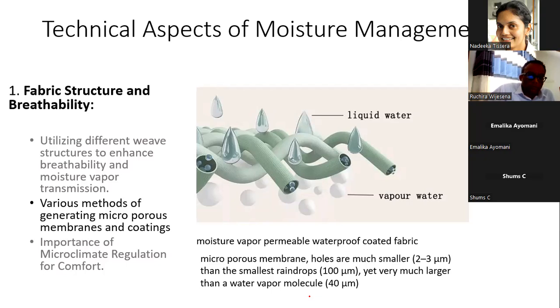So Hikey is one of them, and also Nike and Adidas. I think they refer to some of these technologies like Cool Max, Climate. If you take a report in the industry, they do have access to these different reports. There is a plethora of materials developed in moisture management which are used on the commercial scale.